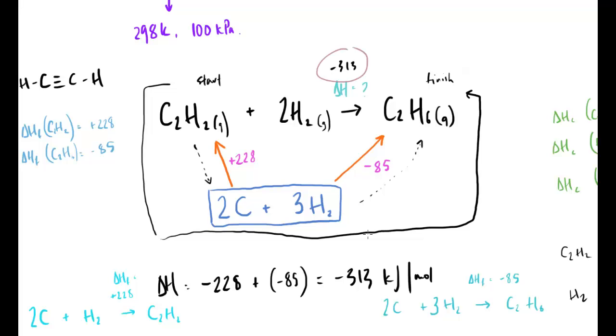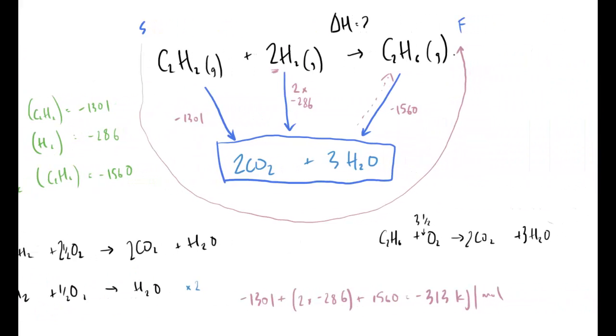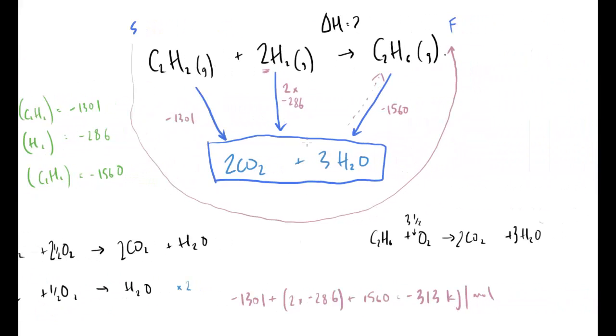There's my value, minus 313, I calculated it before. And this is proof that this whole Hess's Law thing actually does work. I haven't gone via the same intermediates, I've looked at different values, but ultimately I've found the same enthalpy change for this reaction of ethyne plus hydrogen to give me ethane. So it doesn't matter which way I go, I end up at the same point.